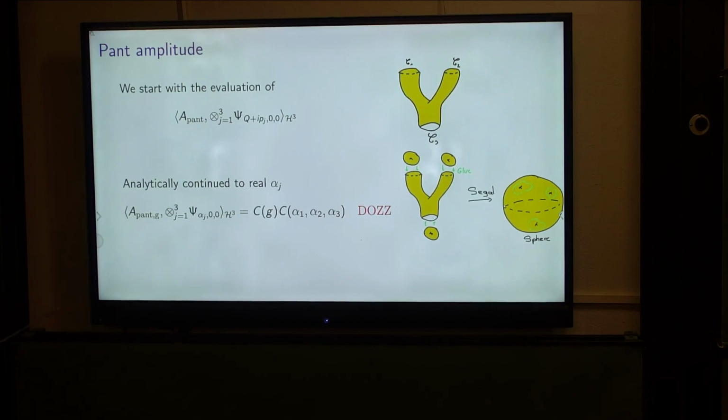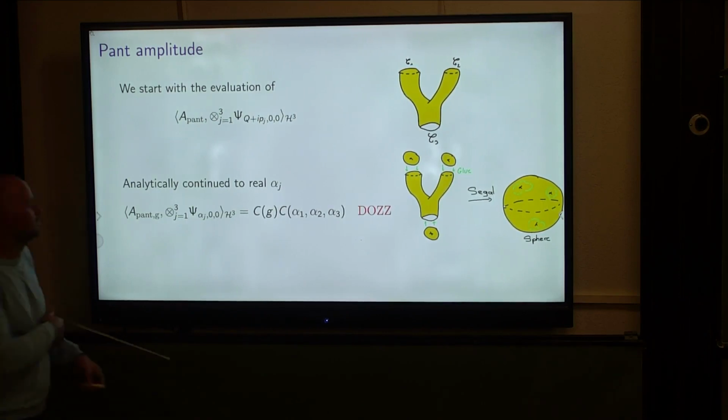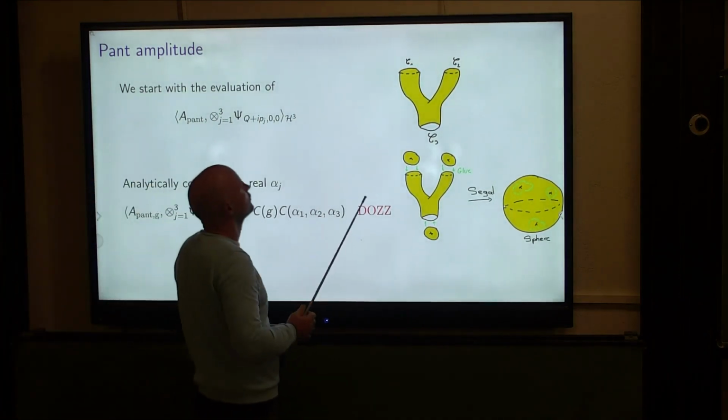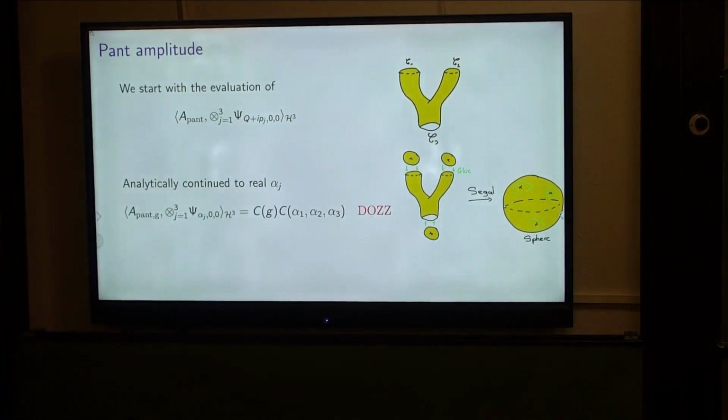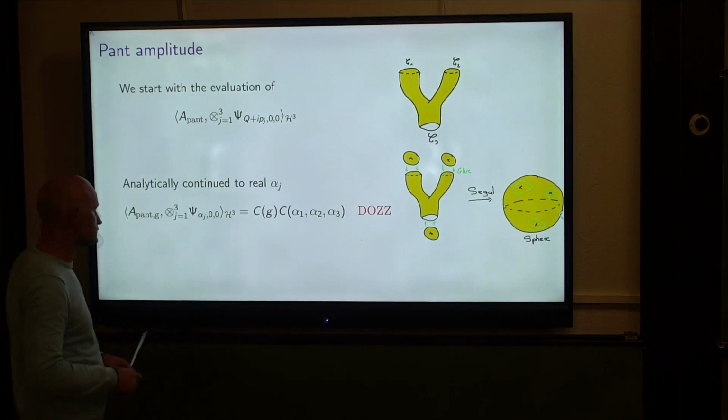But in the case of 4 boundaries, it will not depend on the length. If you choose an amplitude, yeah, well, okay. This one I understand. This is just a number, but the 4 point thing with the boundaries, it should depend on the, right?